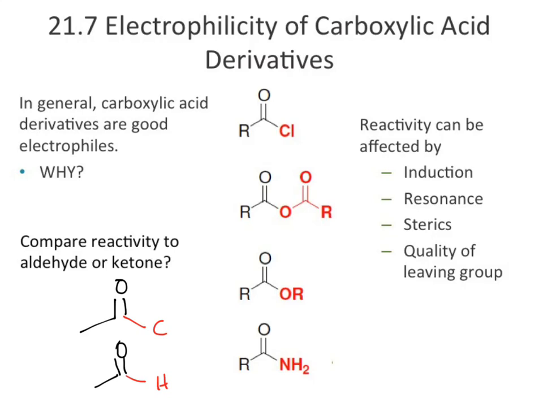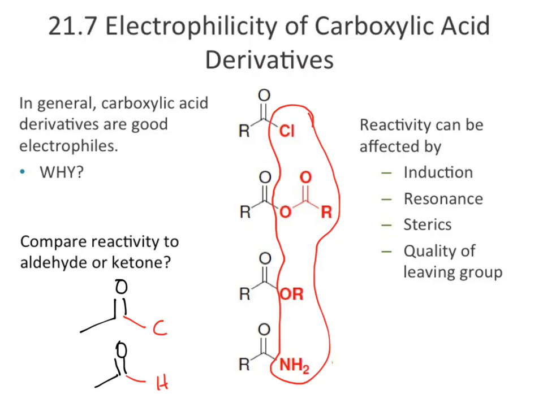So the big difference when we're looking at our acid chapter is that our atom Z's in all of these cases are relatively good leaving groups in comparison to hydrogen and carbon. Okay? So that's going to be one of our other big driving factors behind this. We're going to end up effectively keeping the carbonyl in most cases, okay? Because we have that leaving group ability.